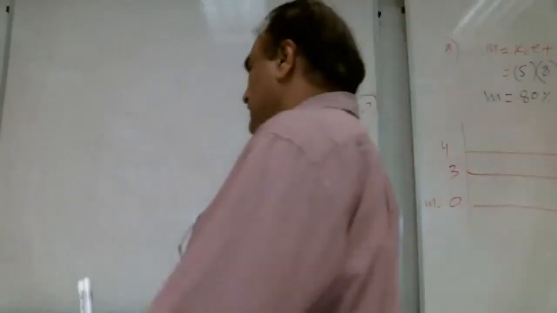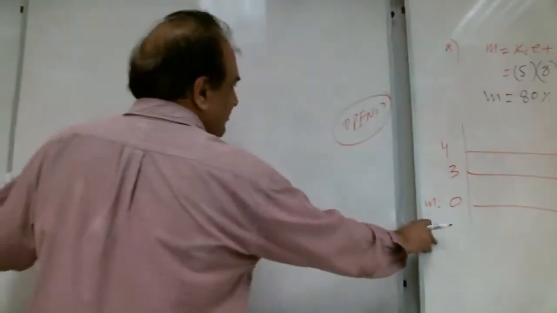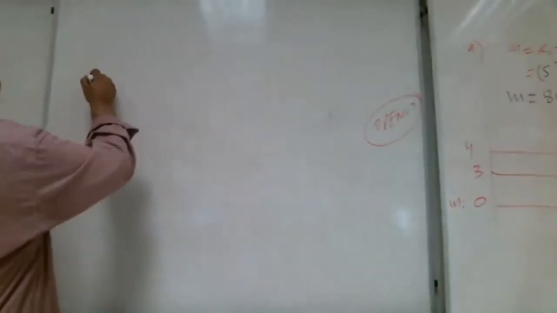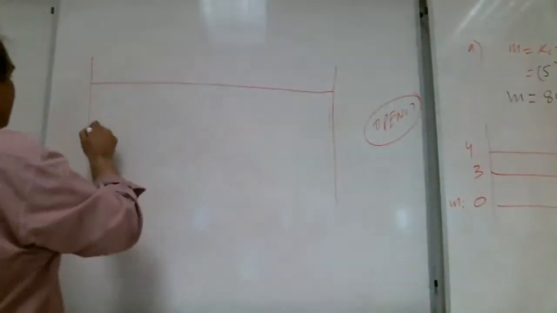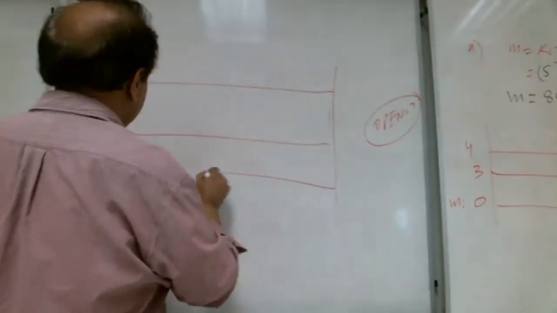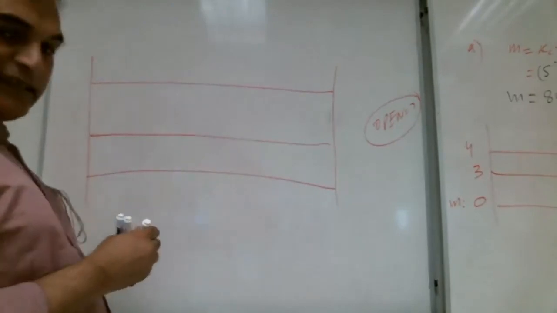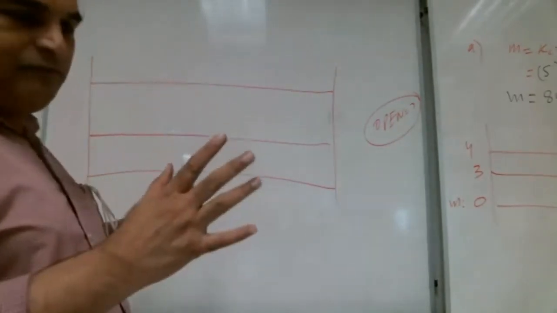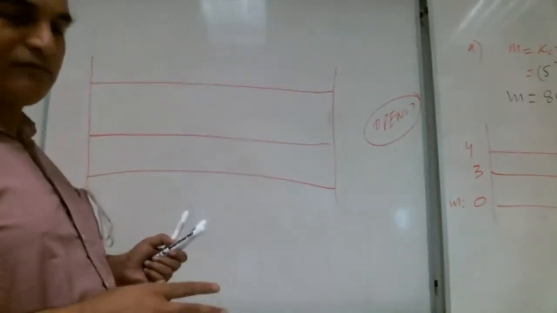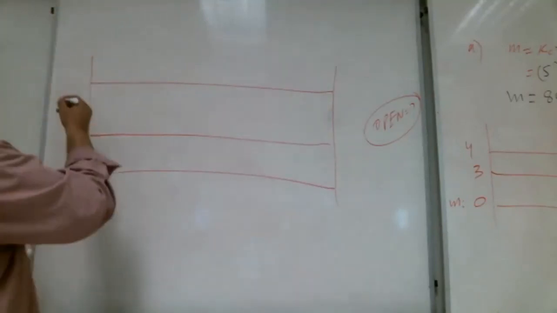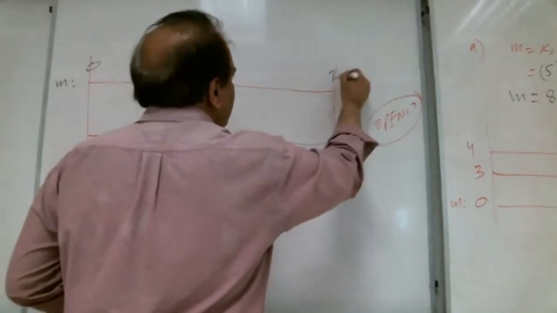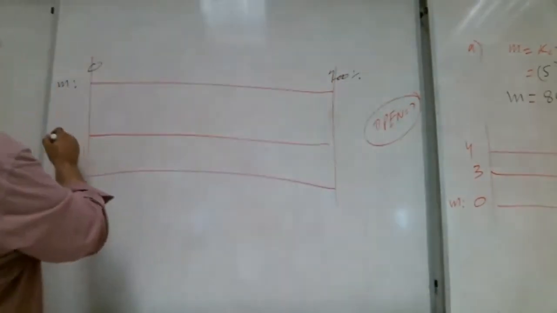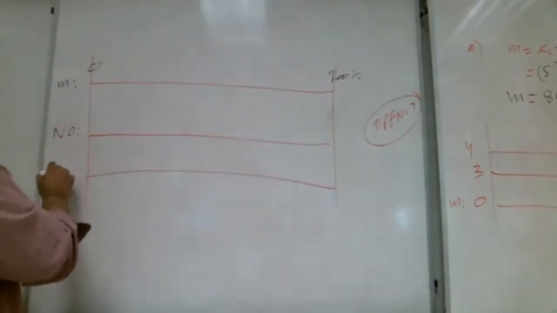So same again, we have this diagram with us. We can guess orally, we can think in our brain here, but again, we need to give the logic. Without logic, no marks. So output goes from 0 to 100%, and it is normally open, normally closed.